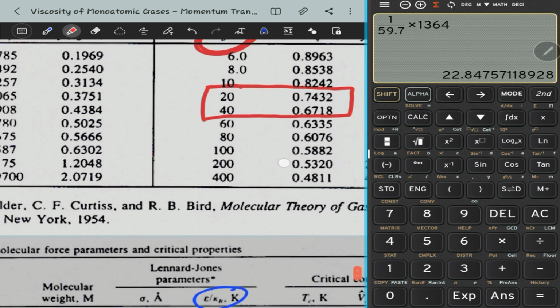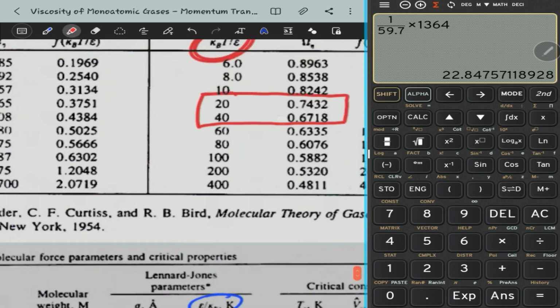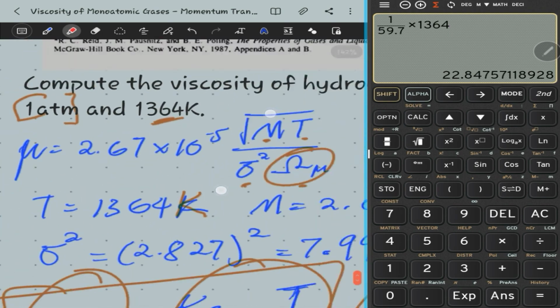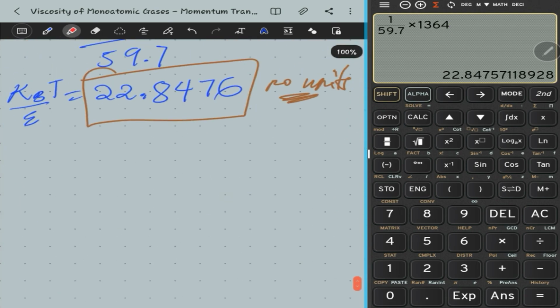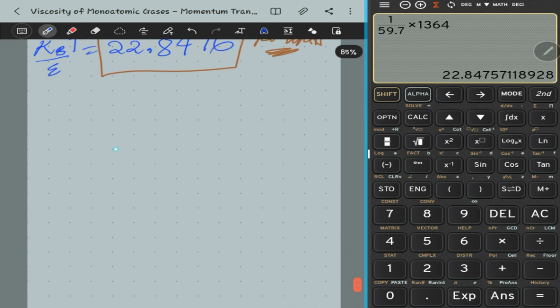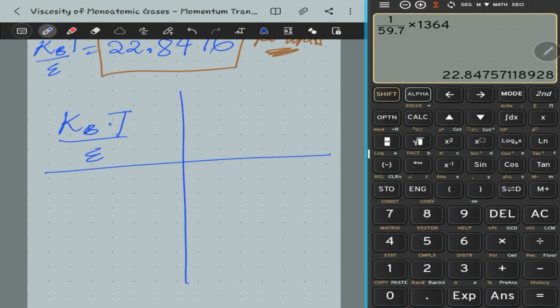So let's write out KBT, so we have K, the Boltzmann constant, temperature, and this, versus the actual collision integral, which we are trying to find.